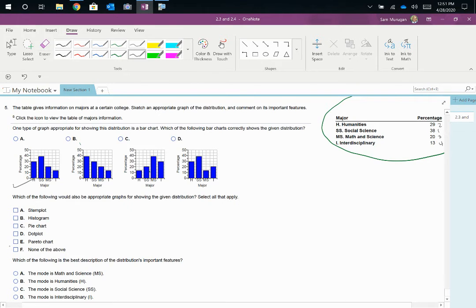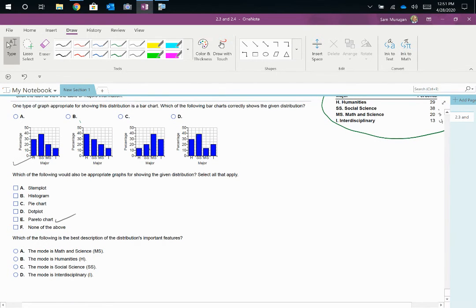Remember that this graph could also be ranked from least to greatest using a Pareto chart. And of course, the mode here is the tallest one, which is social sciences. Yeah, social sciences.